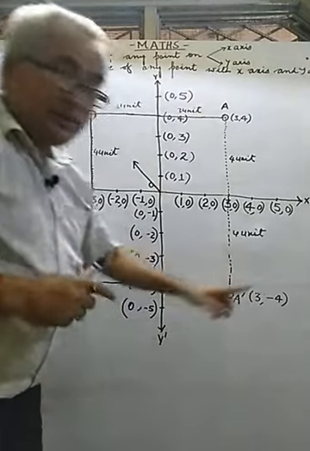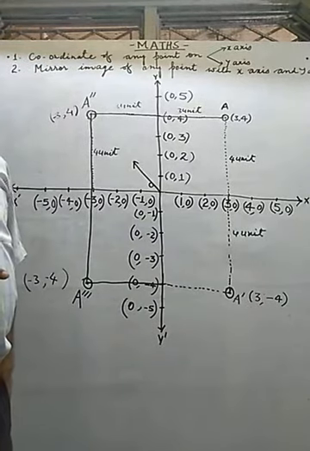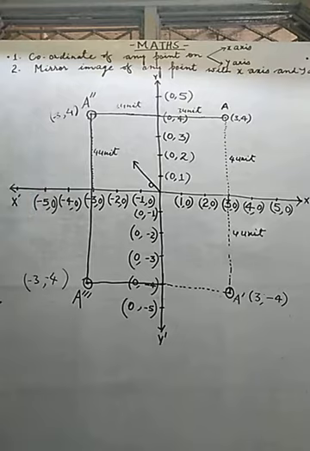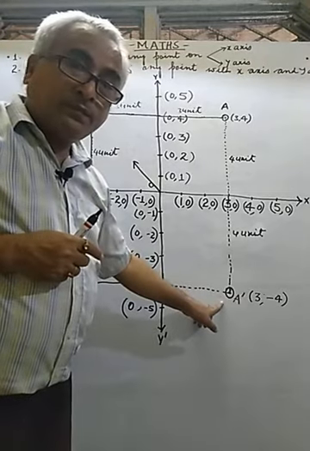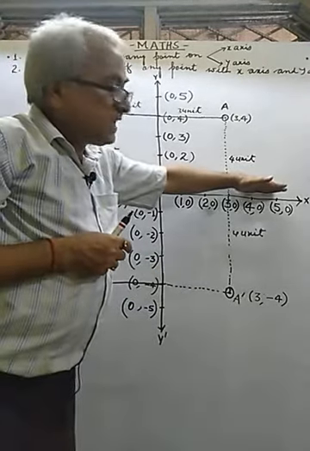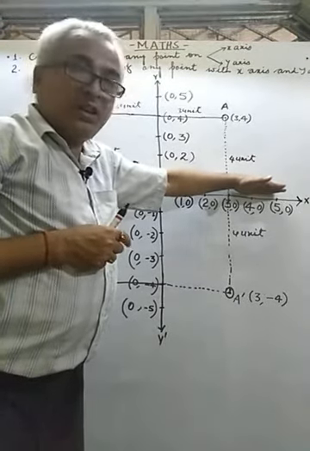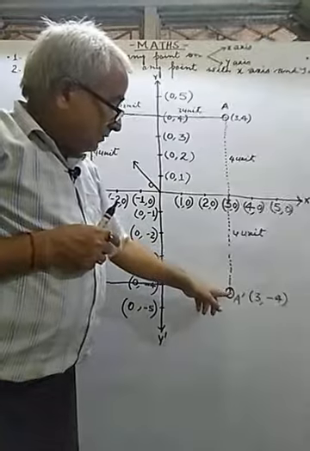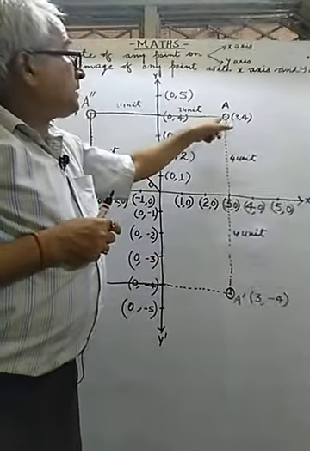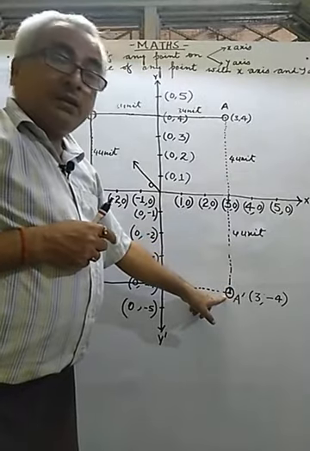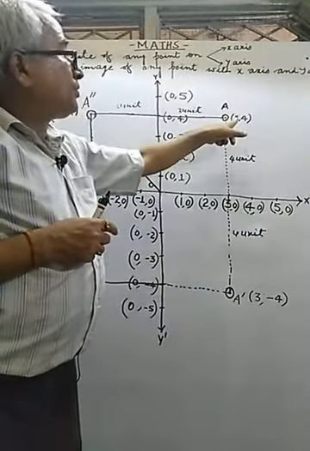Now take this point and find the mirror image of this point with respect to the x-axis as well as the y-axis. This is a point. Now the x-axis is behaving just as a mirror. The image of this one will be at this point. So the mirror image of this point will be (3, 4).